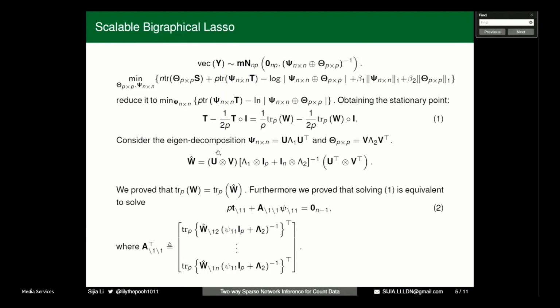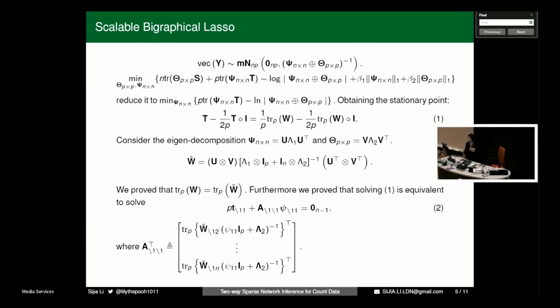Then we consider eigen decomposition. Basically, we rearrange the overall covariance matrix and the overall inverse covariance matrix, and so we have an estimation of the overall inverse covariance matrix in this form, using some of the eigen decomposition, and that makes the calculation a bit easier, because then we have to solve each column of the matrix psi. We can just do it by solving this linear equation.